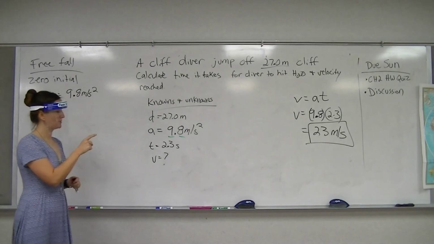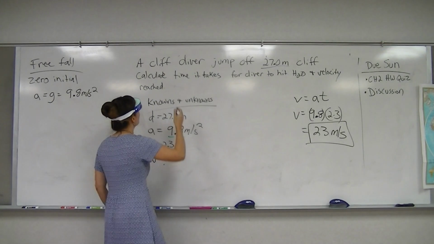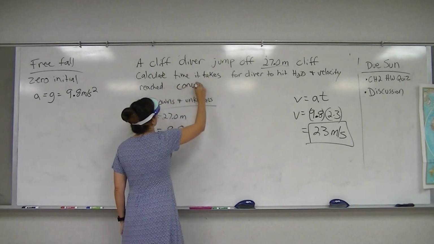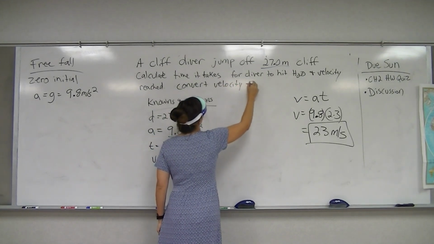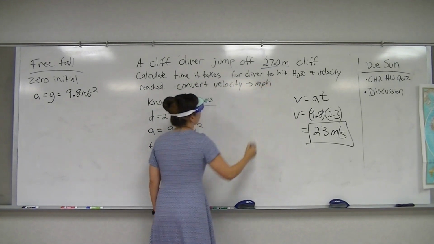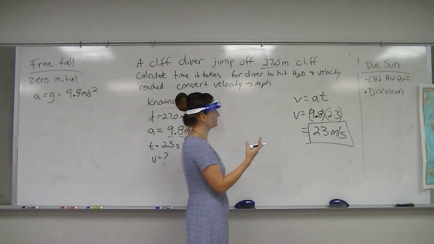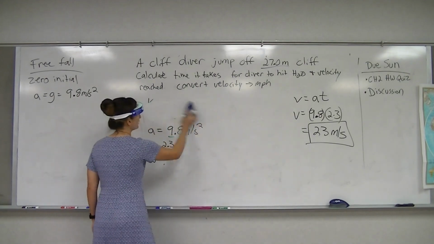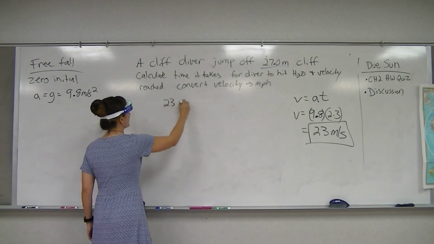Now, I know that doesn't mean much because we don't think in meters per second in daily life. So for conversion practice, we're going to add on to this and we're going to convert our velocity to miles per hour so that we can envision just how fast he's going when he hits that water. Okay, so that's what I'm going to do over here. We're going to take our 23 meters per second.